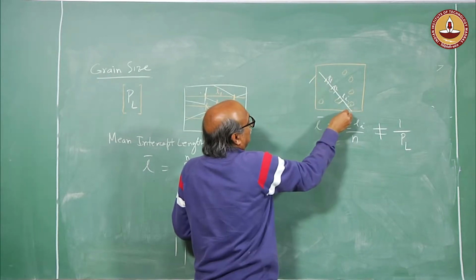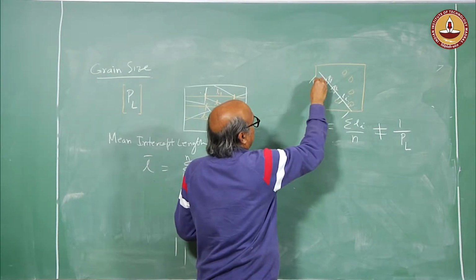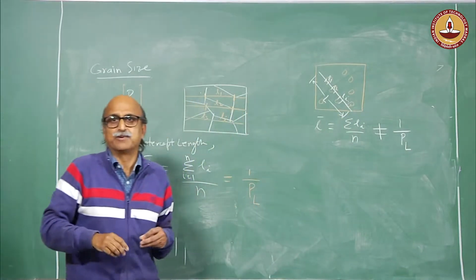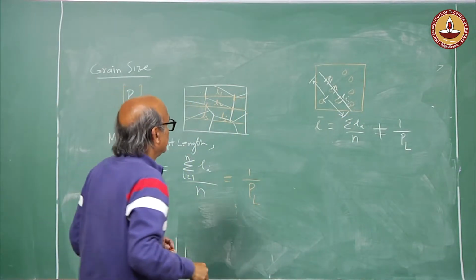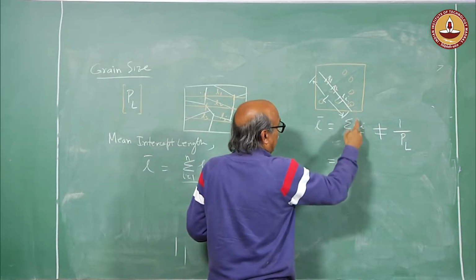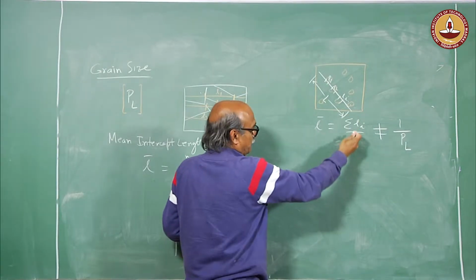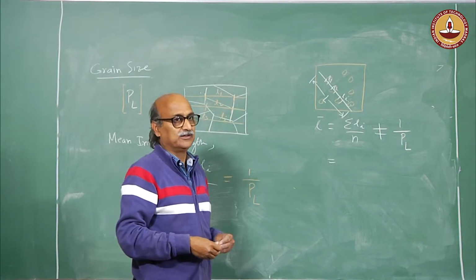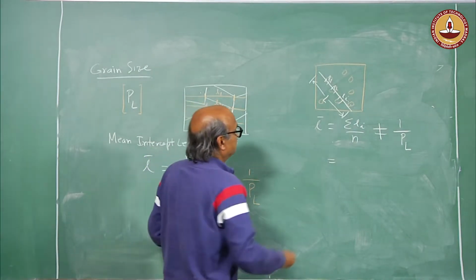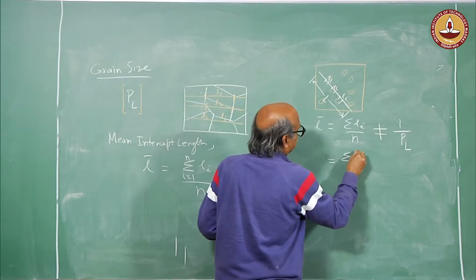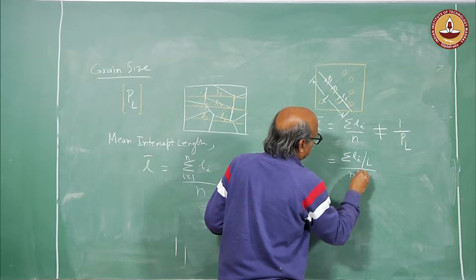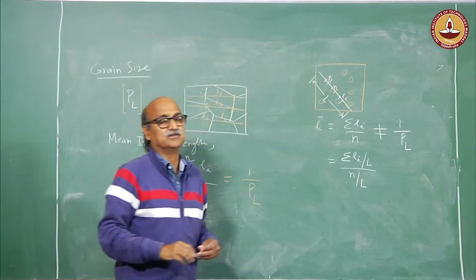Let the total length of this line be capital L. Okay. And what I do here is divide the numerator and the denominator by this length of my line. Okay. This is what I do.